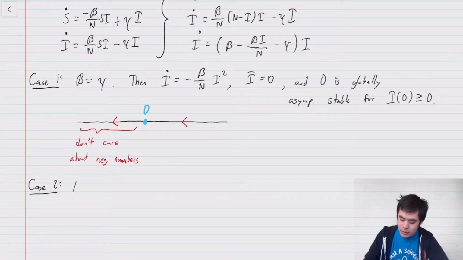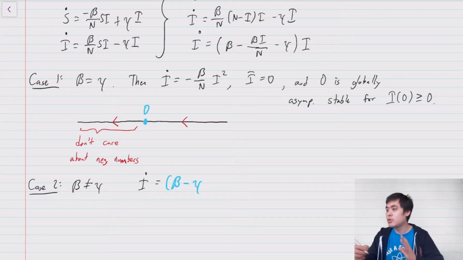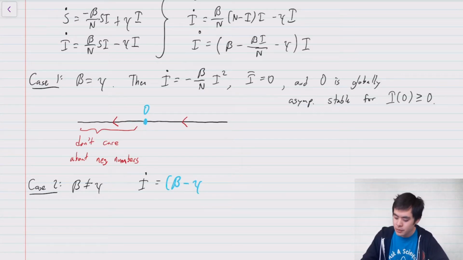Case 2, well, we have beta is not equal to gamma. Then what we can do is divide out by beta minus gamma. So then we get that I dot is equal to beta minus gamma times I, and I'm going to write this in different colors because we're going to again do the sign analysis we did a moment ago.